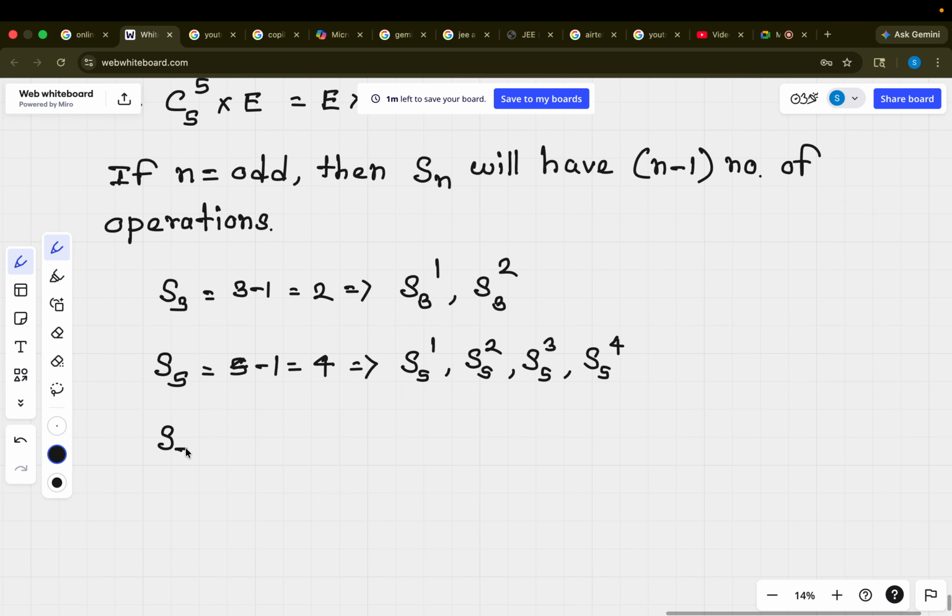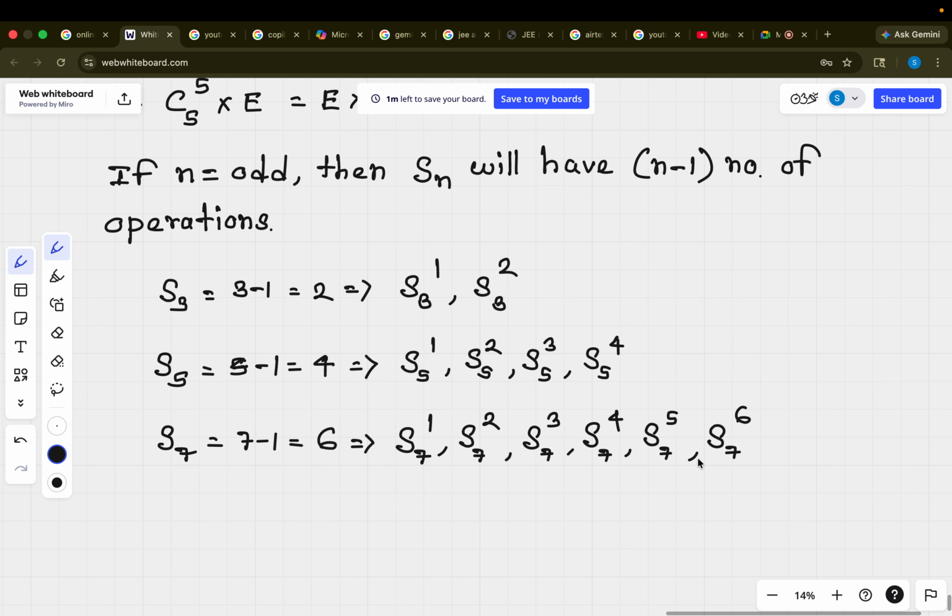Now suppose you have S7, so here you will have 7 minus 1, 6 operations. What are the 6 operations? S7 1, S7 2, S7 3, S7 4, S7 5, S7 6. Now suppose you have S9, so you will have 9 minus 1, 8 operations.